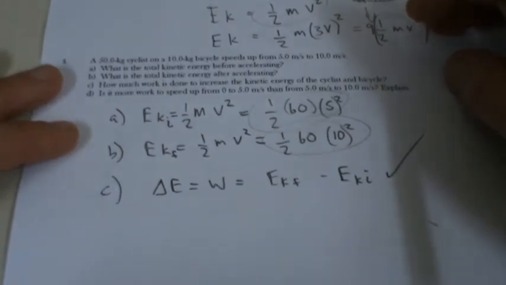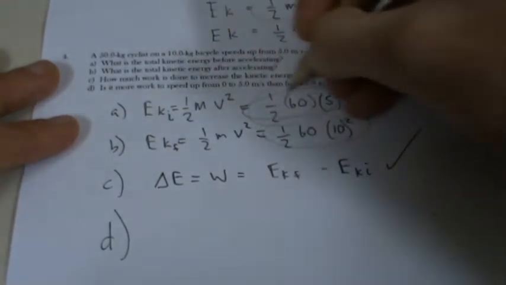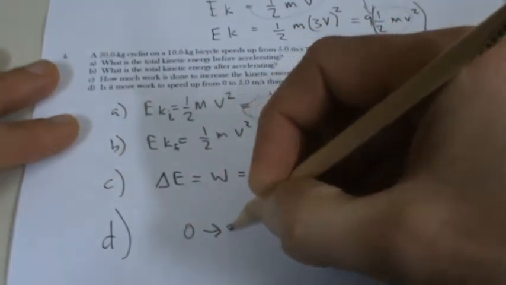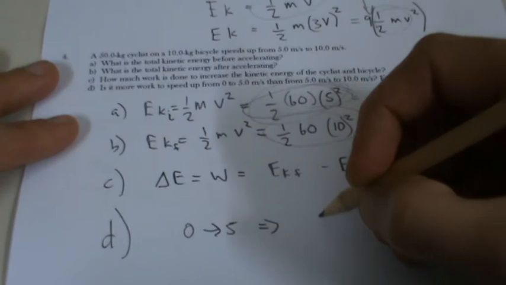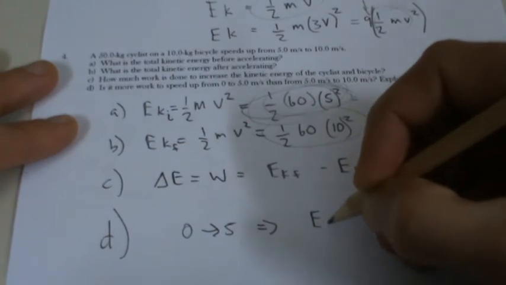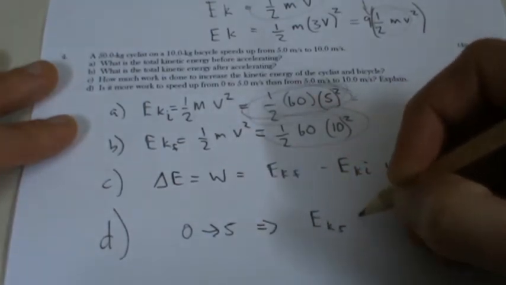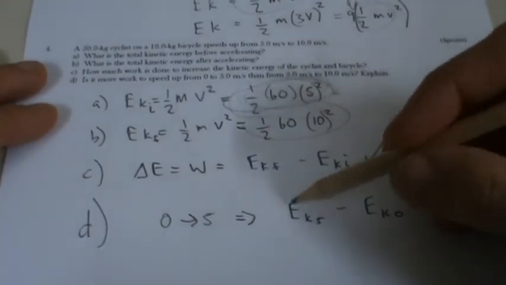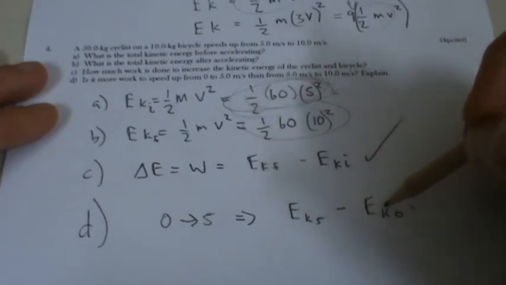Is it more work to speed up from 0 to 5 than from 5 to 10? Basically, in part D, you compare the kinetic energy in each situation. From 0 to 5, the change in energy is kinetic energy at 5 minus kinetic energy at 0, because this is final minus initial.